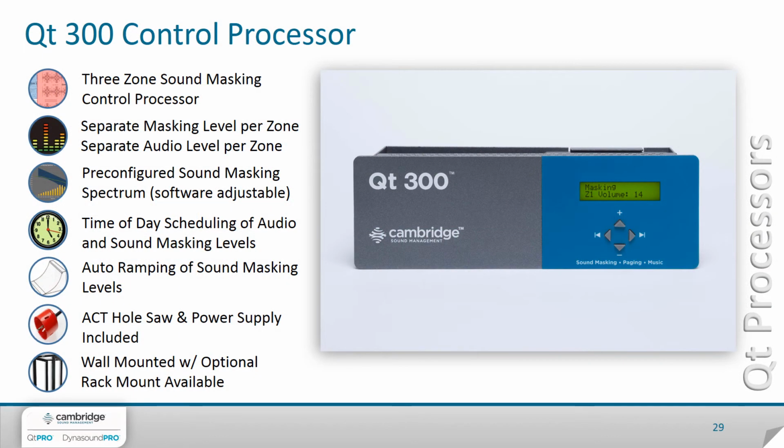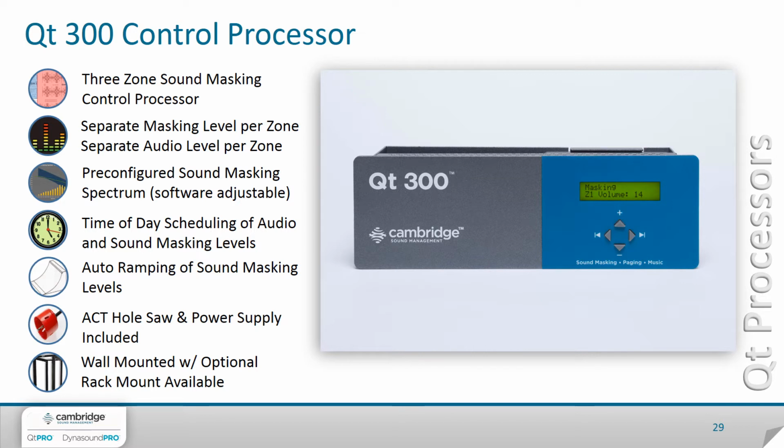The QT300 and QT600 control processors are identical in features, with only the number of zones available differentiating the 2 processors. Both feature basic front panel level adjustments via a front panel display and advanced features via an Ethernet web interface.